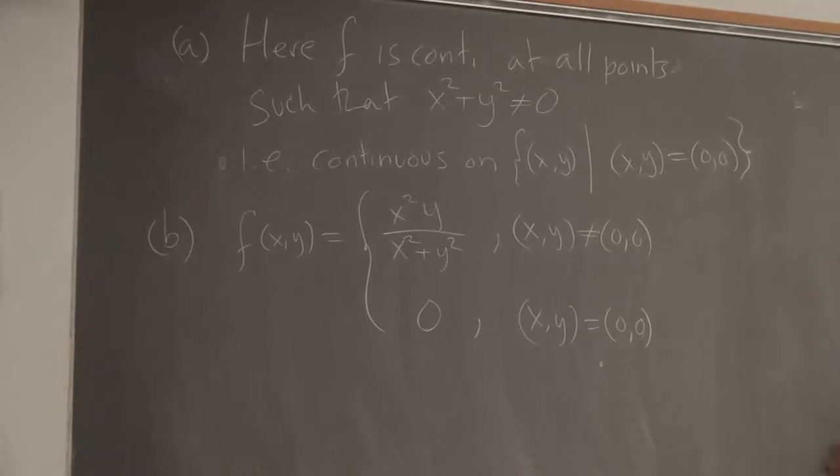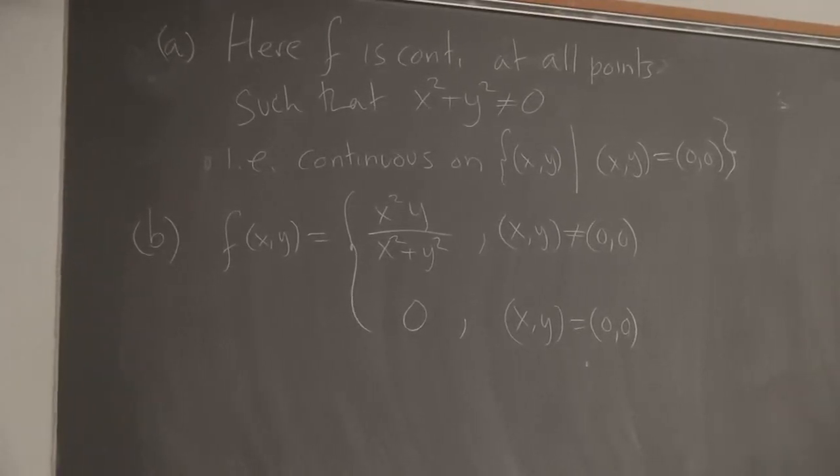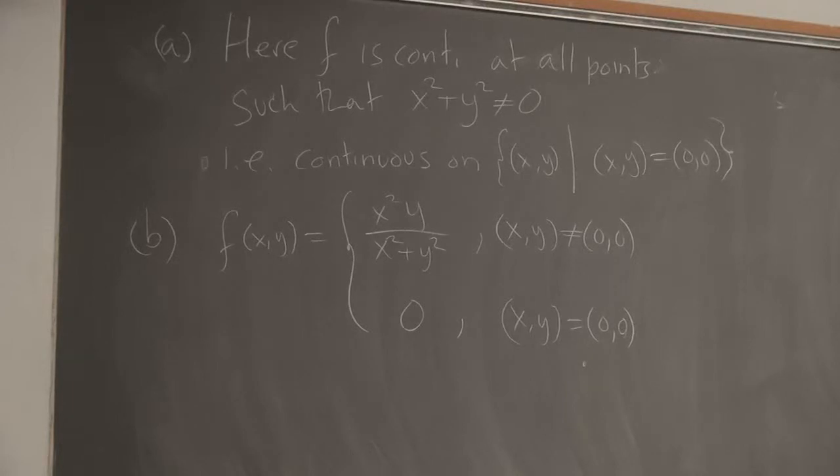The first one? All points? Everywhere. Why? Well, all points, but you can't have 0 in the denominator because once you have 0 there, it's undefined.